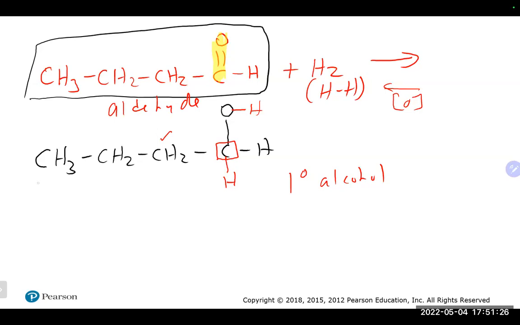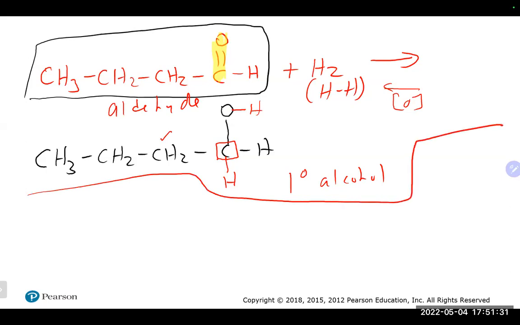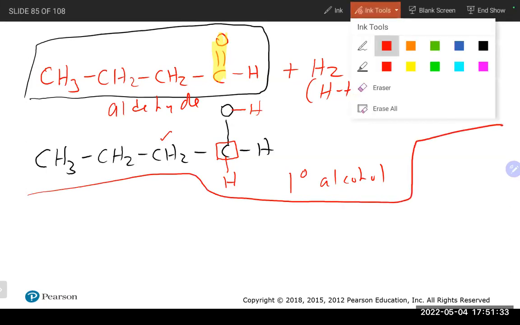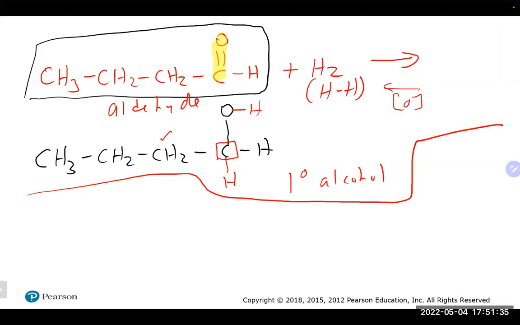Now, the ketone works pretty much the exact same way. So if we started with a ketone, we'll just draw up a ketone here, perhaps. Let's just do this ketone.